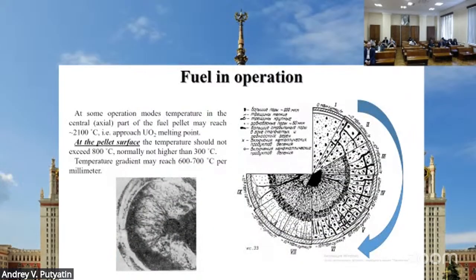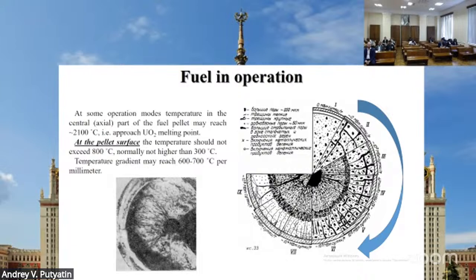When we speak about nuclear fuel, take an average uranium dioxide pellet. Initially, it has some residual porosity. It is, of course, highly compacted ceramics, with a density approaching theoretical density, approximately 99% of theoretical density. But of course, you have some porosity.